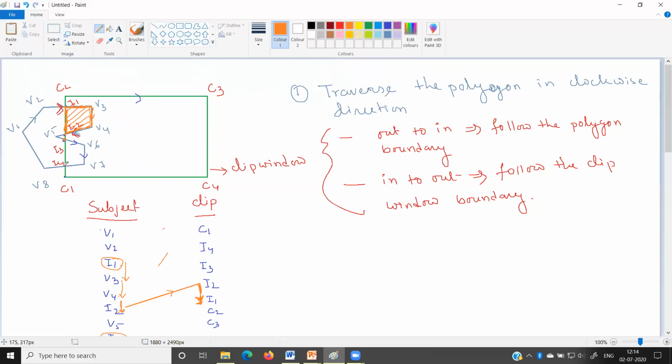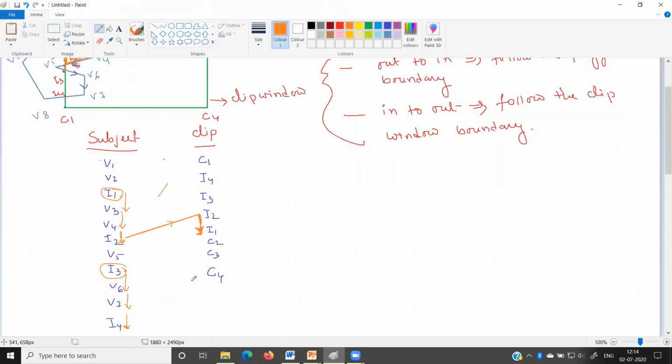So from I4 I will traverse, and I will stop when I get I3. Fine. So from I4 I start my traversing, and at the next point I get I3, so I will stop over here.